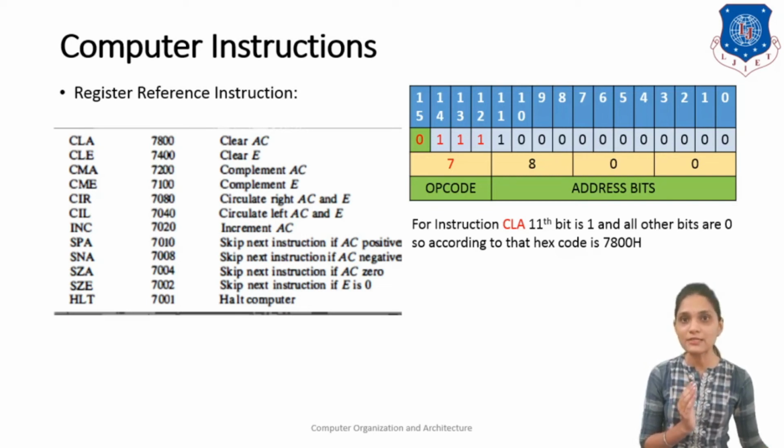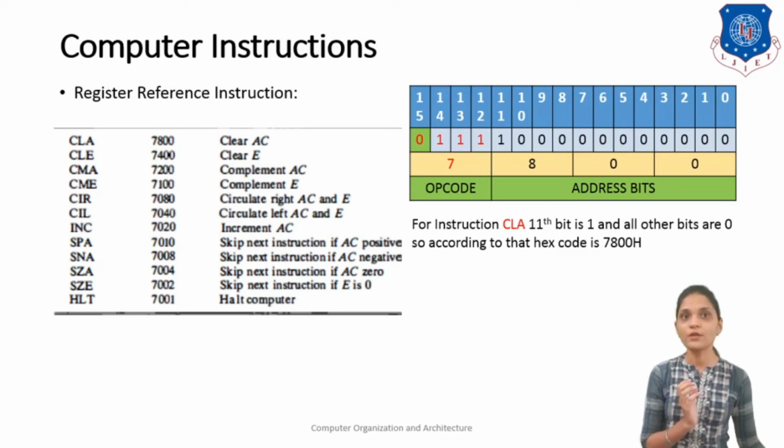For the CLE instruction, your 10th bit is 1 and all of the other bits are 0. For the CMA instruction, your 9th bit is 1 and all other bits are 0. Okay, so for the CLA instruction, your 11th bit is 1 and the rest of the bits are 0. So your 12 bits for the address field will be like 1 0 0 0 0 0 0 0 and so on.